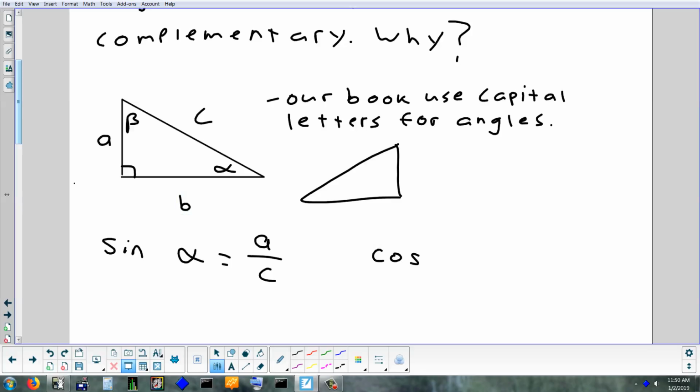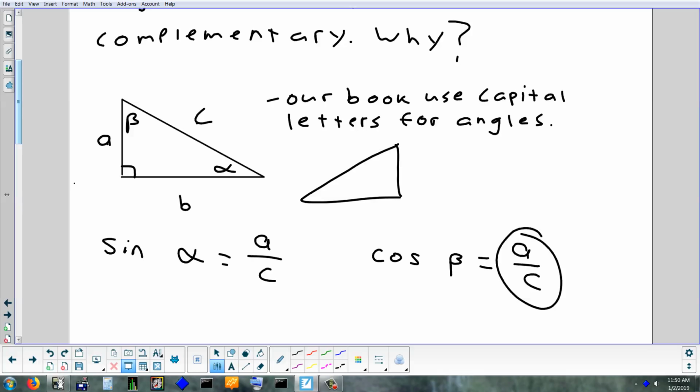Beta. So I did two things: cofunction, complement. Let's see what we get for an answer. Cosine is adjacent over hypotenuse. Adjacent is A, hypotenuse is C. And we got exactly the same answer.